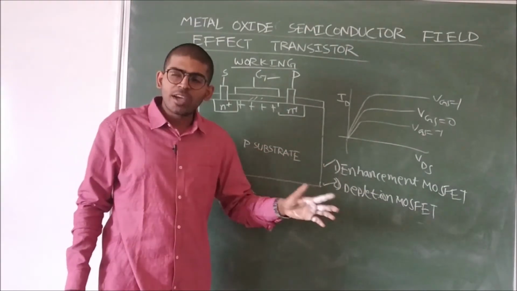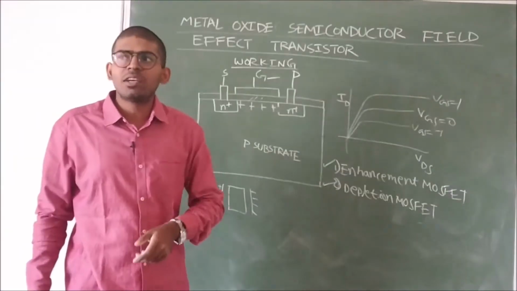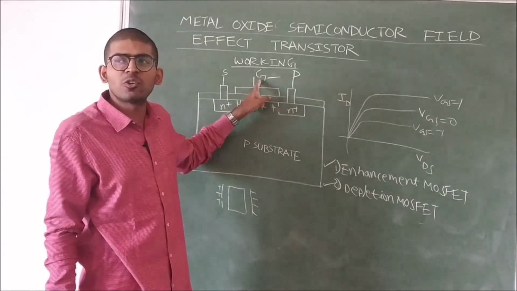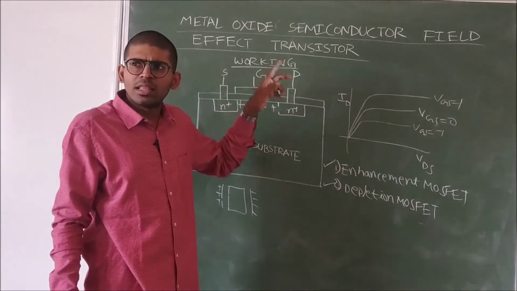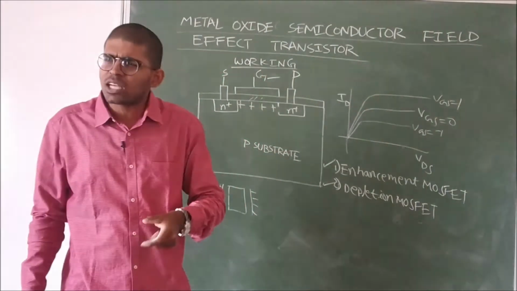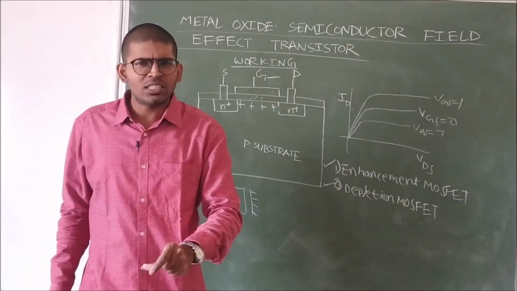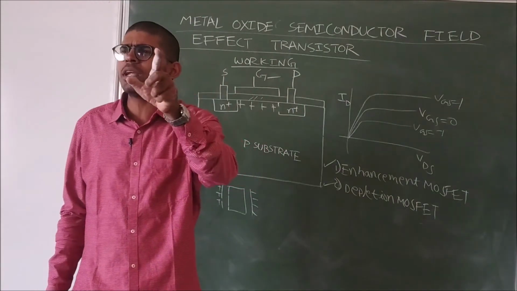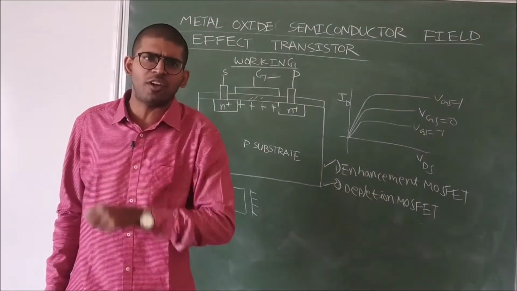In the market, manufacturers thought that if they manufactured a MOSFET that only works with negative supply to the gate terminal, then buyers or users may not use it, because JFET already exists. JFET operates in such a way that we only give the negative supply to the N-channel JFET.